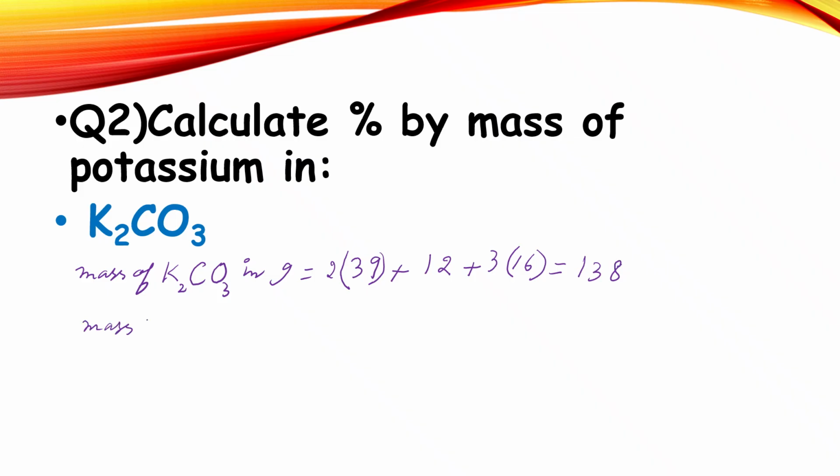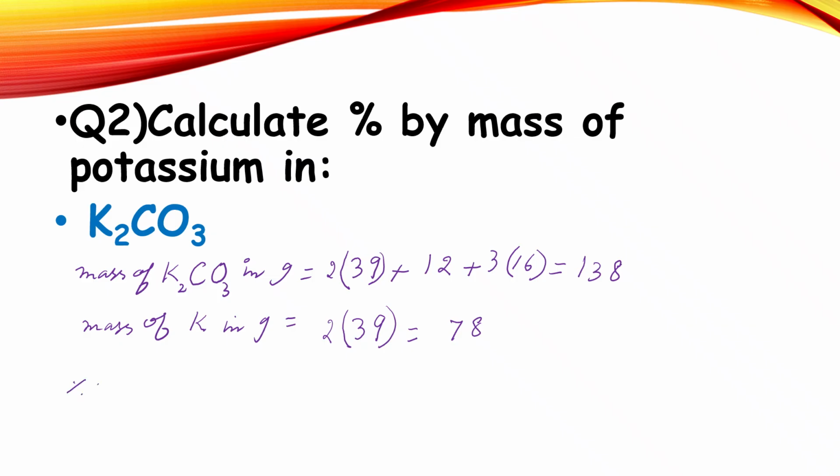Now in the next step we'll write mass of potassium in grams. Once again, from the periodic table we know that relative atomic mass of potassium taken in grams is 39. But there are 2 atoms of potassium in the formula unit, so we'll multiply it by 2, which is equal to 78. Now we'll write the formula for calculation of percentage by mass.